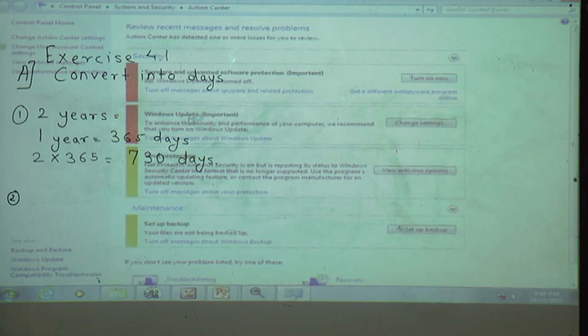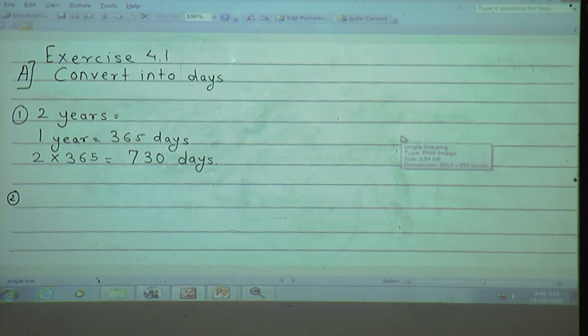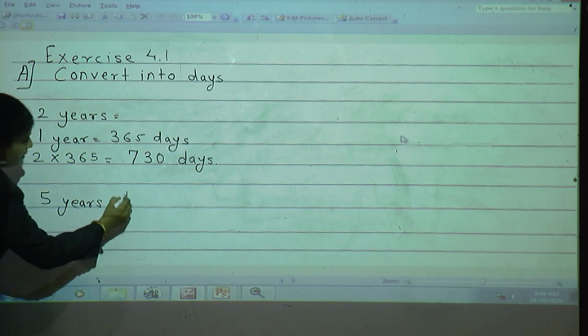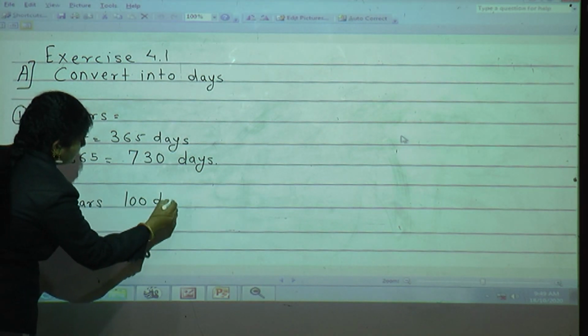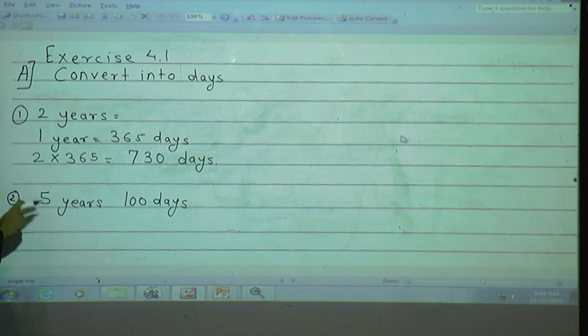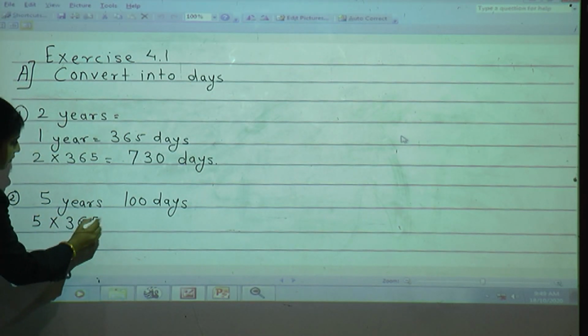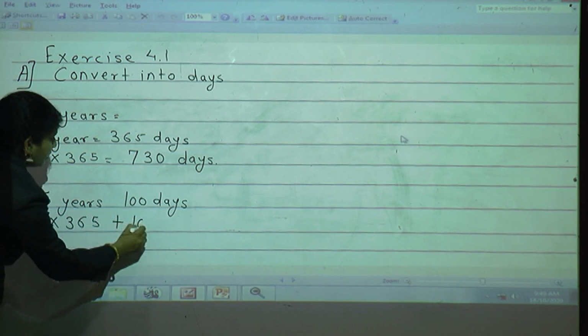Okay, now next one, second one, 5 years 100 days. Now students, here also multiply 5 by 365 and add this remaining 100 days.